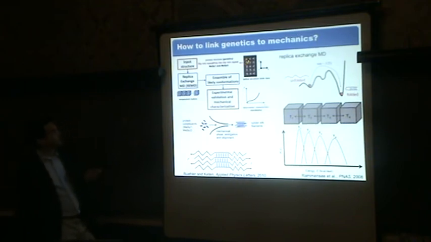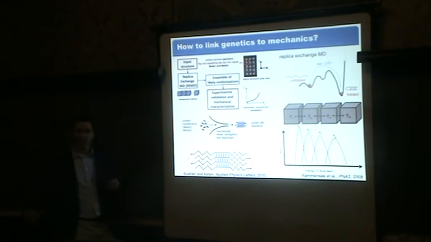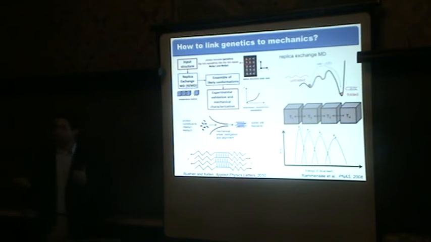And the idea here is that we need to do either a very long simulation or a very different kind of sampling approach to be able to predict the structure, since this is a process that takes time. And what we've done here is what's called replica exchange molecular dynamics. So you run the same replica of the simulation at different temperatures, and then you do Monte Carlo type exchanges between the different temperatures.